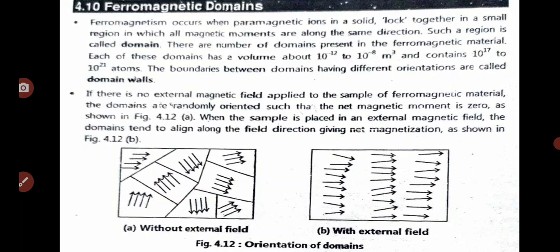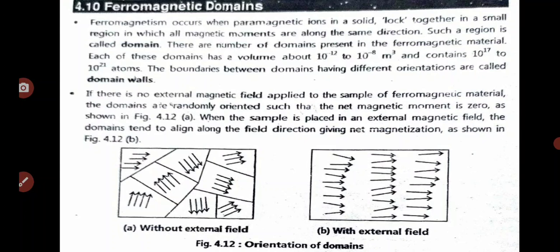The next very interesting point is ferromagnetic domains, because depending on the ferromagnetic material, there is a very popular theory, the domain theory, where the alignment of domains moves toward the field direction or opposite to it.